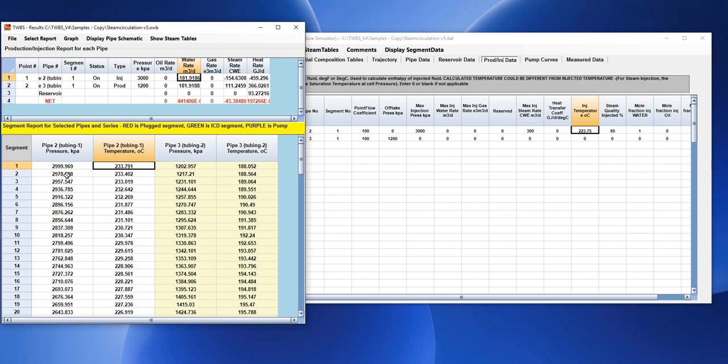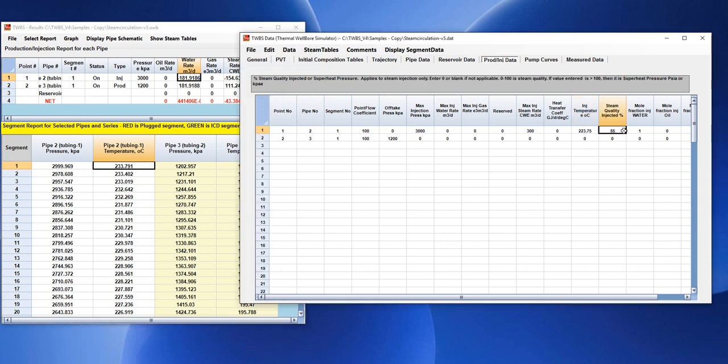Because this is at steam conditions, this temperature and pressure are related by the steam saturation curve. So even though we get a different calculated temperature, it's because we're injecting fluids at the enthalpy calculated at that temperature. And the steam injection quality is the injected quality of the steam.